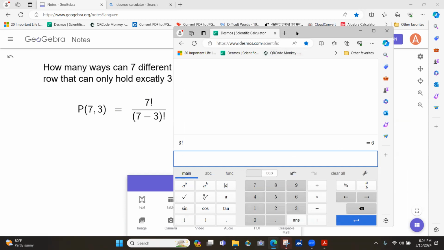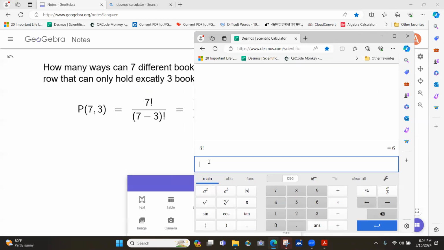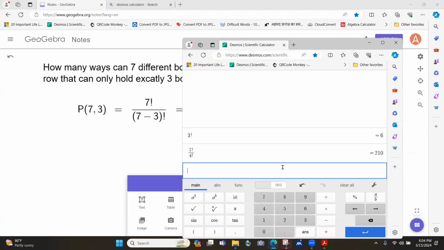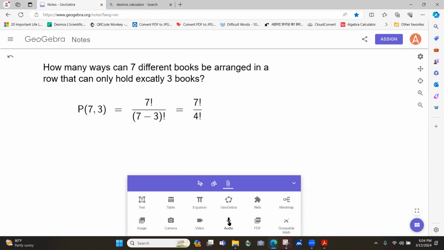So 7 factorial over 4 factorial. And that's 210. Fine. Most calculators will have a factorial key, depending on what kind of calculator you have. This is Desmos. That's 210 from my calculator, but I can do it from scratch too.